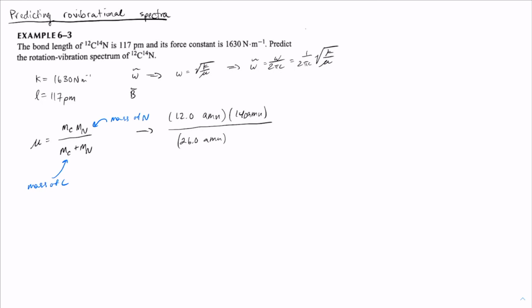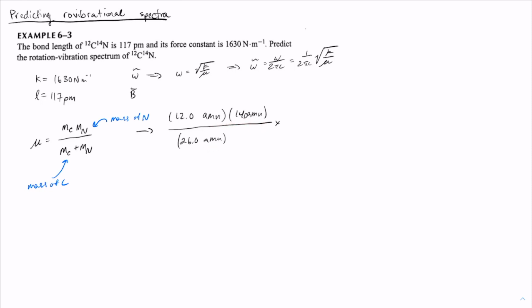Now in this expression, there are two factors of AMU on the top and one on the bottom, so the whole expression will give you a unit of AMU. If we want to compare this with the force constant, which is given in newtons per meter, we're going to need to put this AMU into units of kilograms.